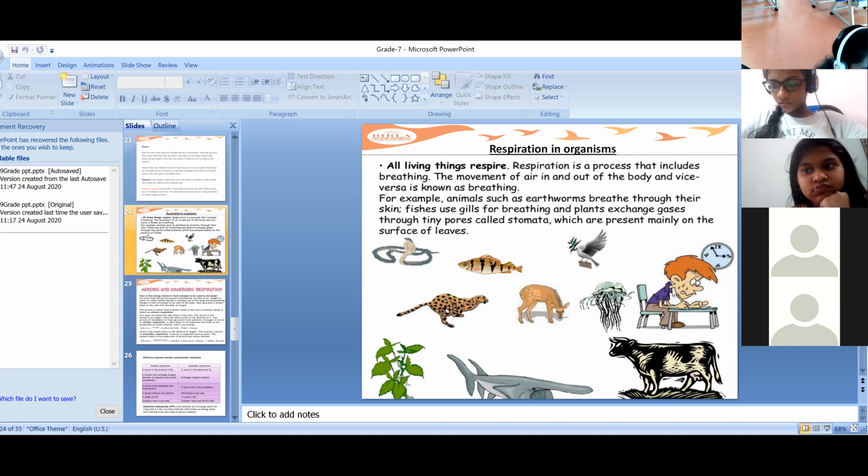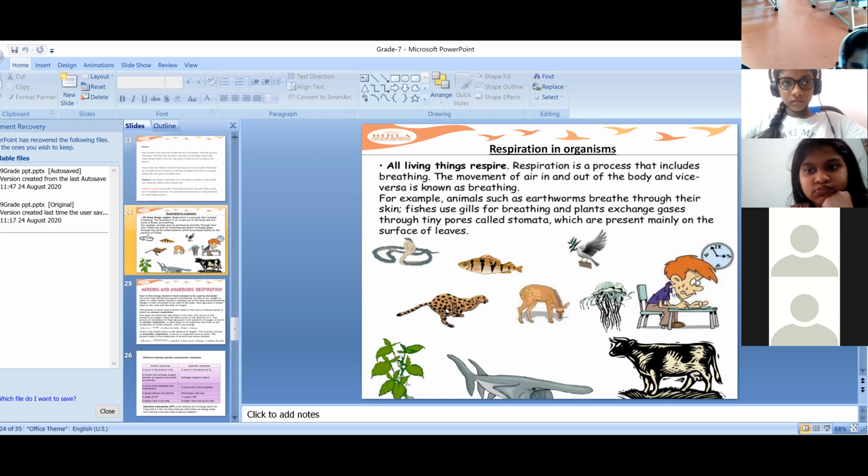Human beings respire with the help of their nostrils and lungs, which are well developed respiratory organs. Sea animals, especially fishes, can respire through their gills.